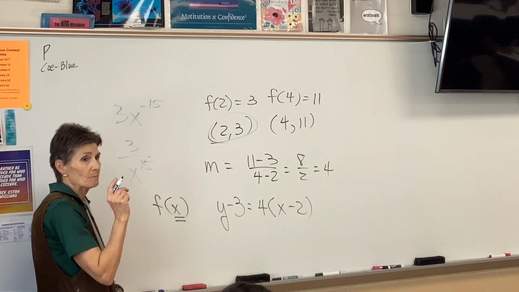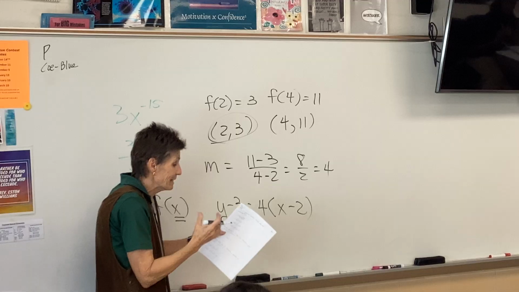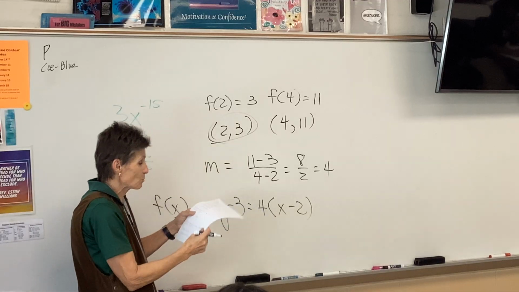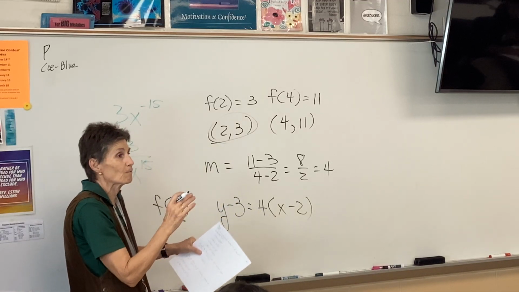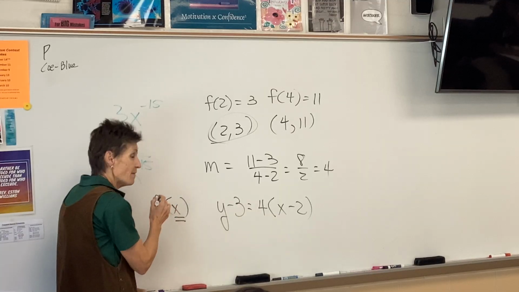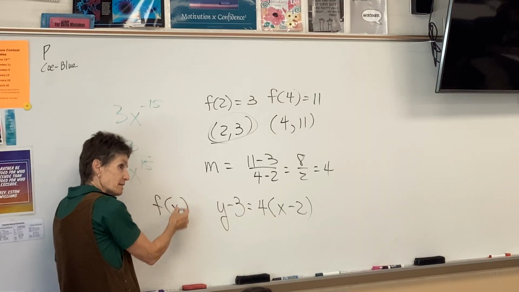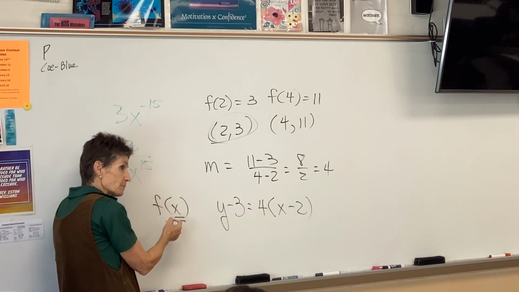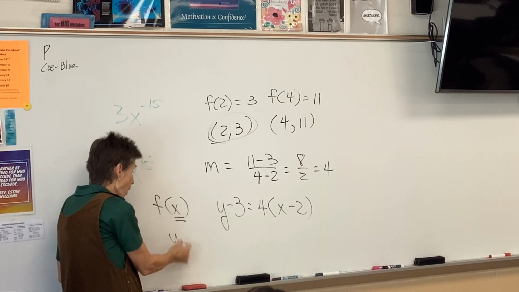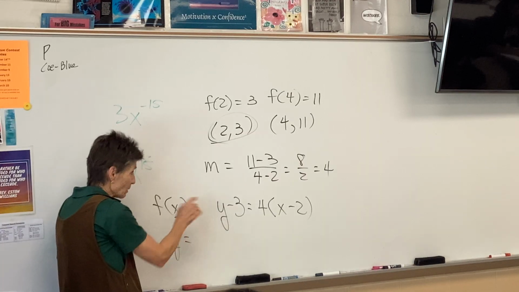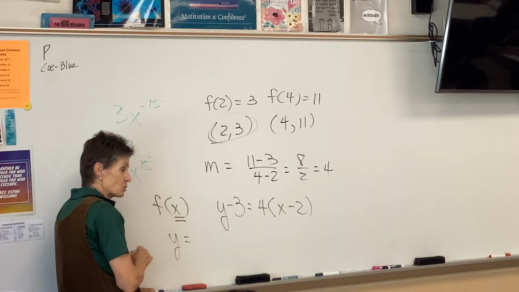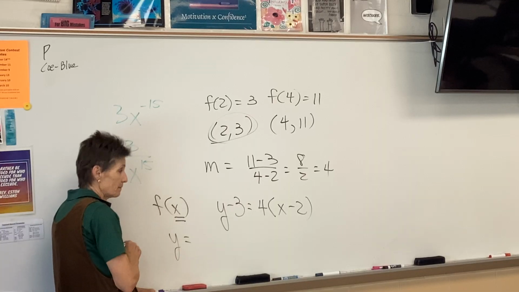Now, you have to be careful if we're literally doing the problem. It says write the equation of the linear function. So that means I should have this kind of notation, right? Remember, that's y equals, so I gotta get y by itself here, so that I can write it as a function.